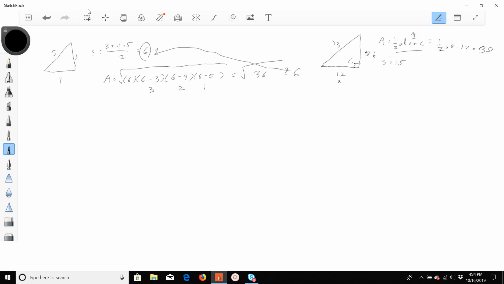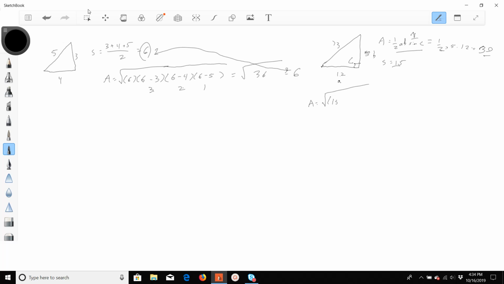Wait, 30, 60. Oh, that's not. 60, 30. Okay, let's try Heron's formula and see. I mean, we should get 30. Maybe with right triangles they differ by a common factor.